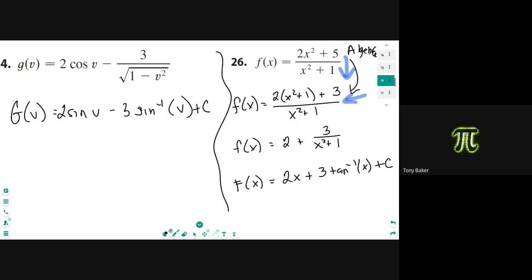I want to see how Symbolab actually does it. Partial fractions. What was it? 2x squared plus 5 over x squared plus 1.